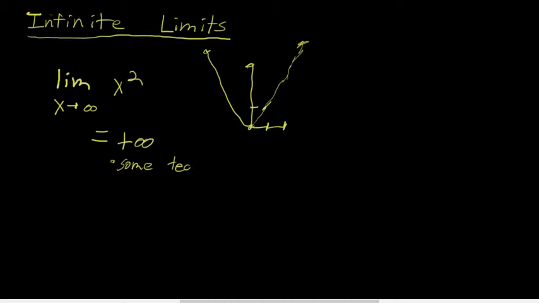Some teachers prefer you to write the limit does not exist. Remember, we abbreviate does not exist with DNE. And be sure this is not 2, it's not TOO, this is positive infinity. So some teachers prefer that you write the limit does not exist, but some prefer that you say the limit is positive infinity.